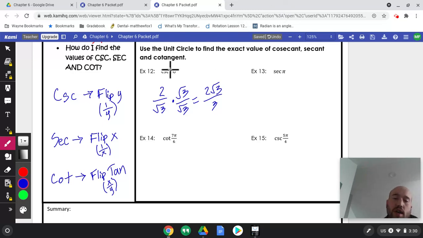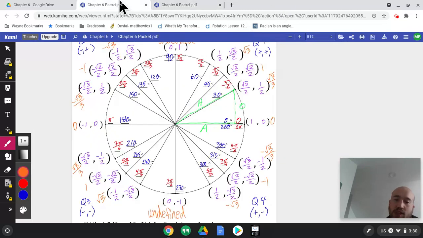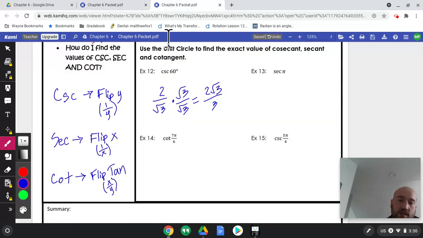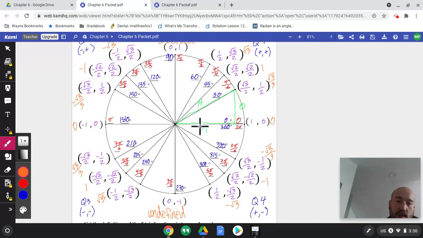Now, we could write all the cosecants on here, all the secants, all the cotangents, but this is already very full. I think if we add anything else, it's going to get kind of messy. So instead, each time we're just going to find the cosecant, secant, or cotangent and solve those. So now, secant of pi. Remember, for secant we take the x and take the reciprocal. Over here at pi, the x was negative 1.